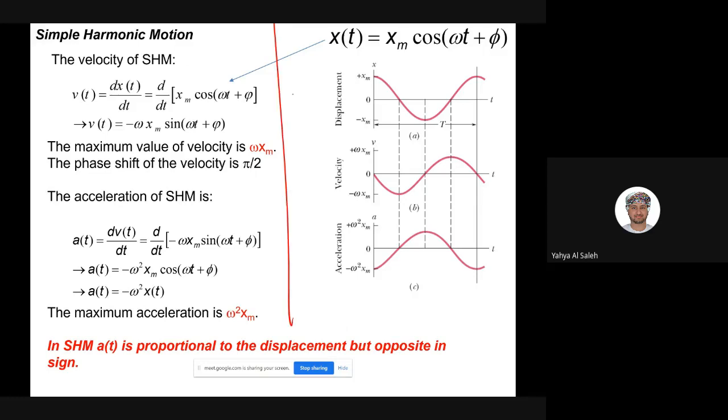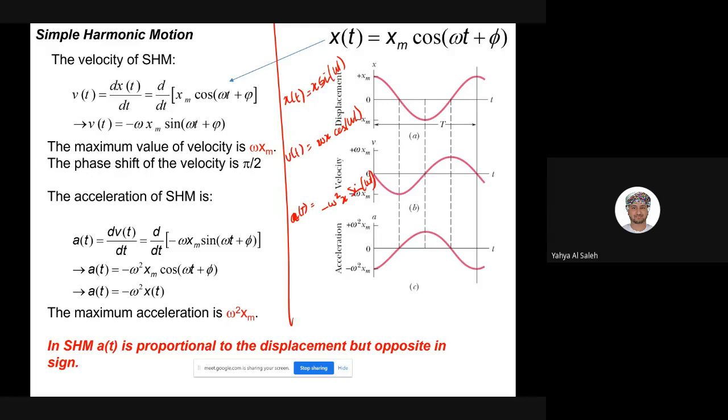On the other hand, if my displacement was x sine omega t, then my velocity would be omega x cosine omega t, and my acceleration would be minus omega squared x, back to sine omega t.